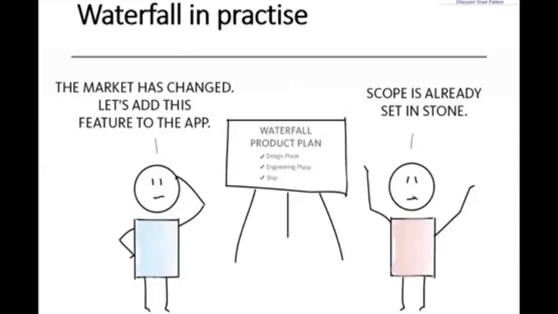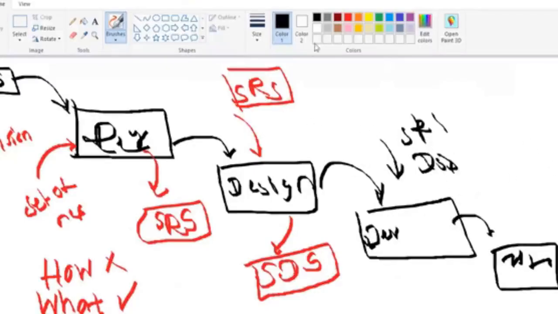Okay, so when it comes to the waterfall model, you have to remember that we are aligned with the set of requirements that we agreed in the SRS. We cannot change any requirements once we have signed it.